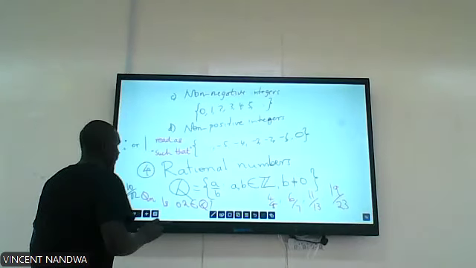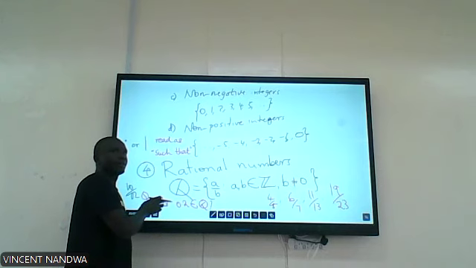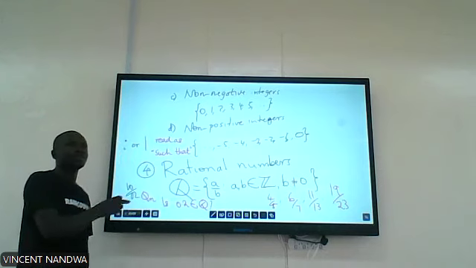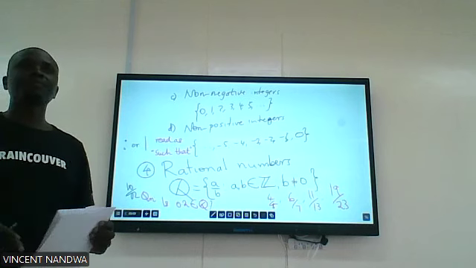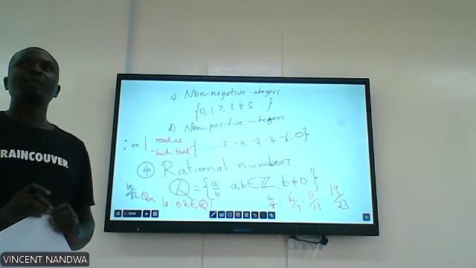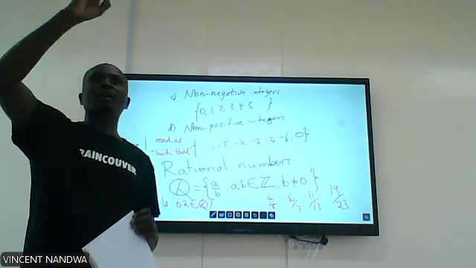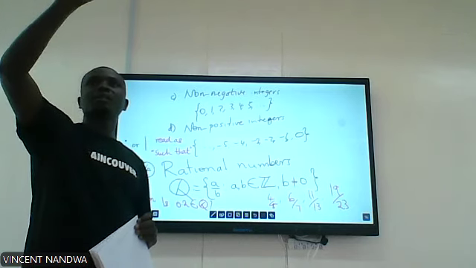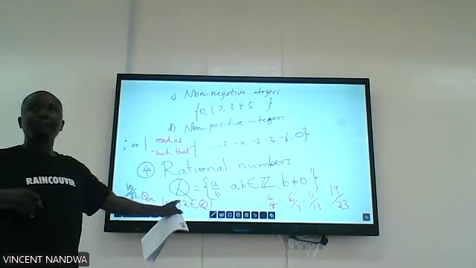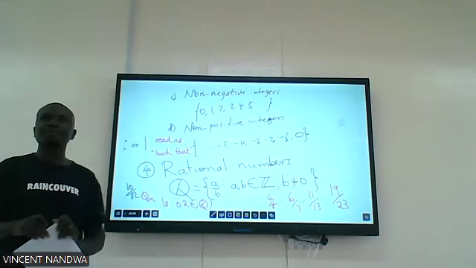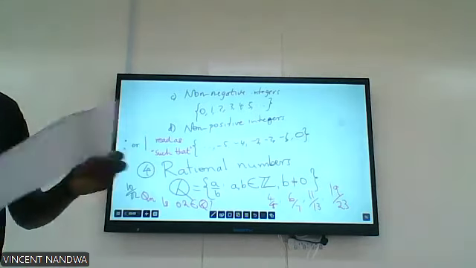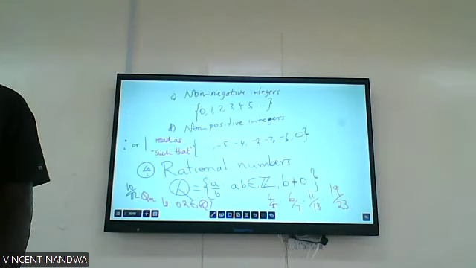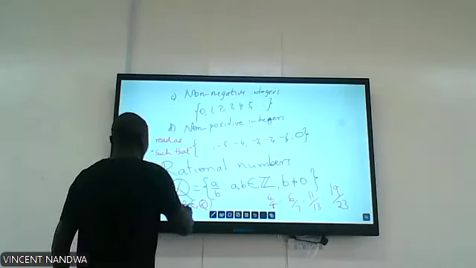Why? Is it a rational number? Yes, because 0.2 is 2 over 10, where 2 and 10 are integers, and that is 1 over 5.